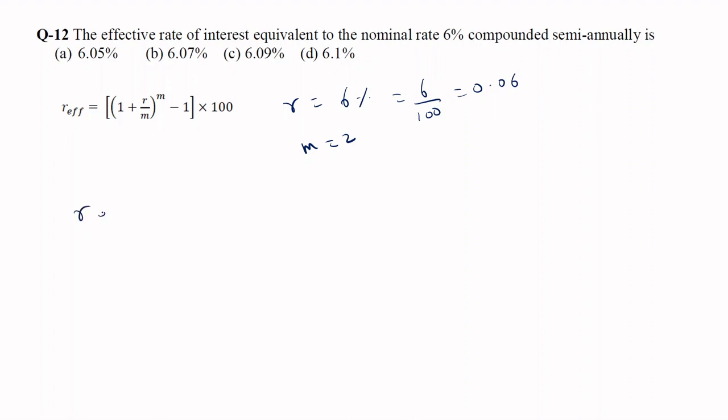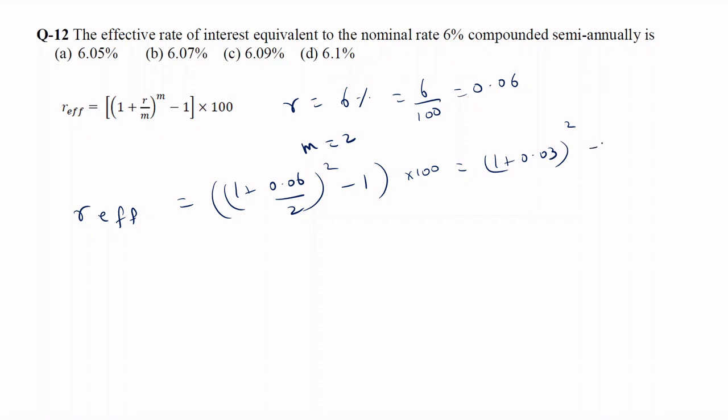Using this, we can find R effective as (1 plus 0.06 by 2) the whole square, minus 1, into 100. So it is (1 plus 0.03) the whole square minus 1, into 100. This is 1.03 square minus 1, into 100. So here for 1.03 square, let us find 103 square.